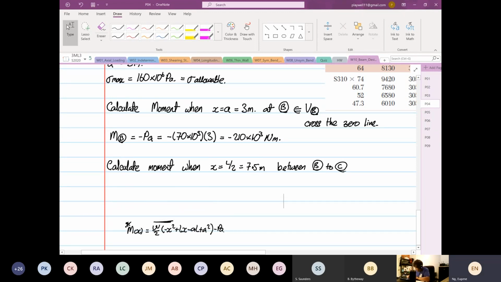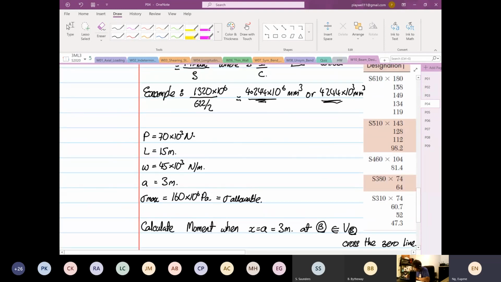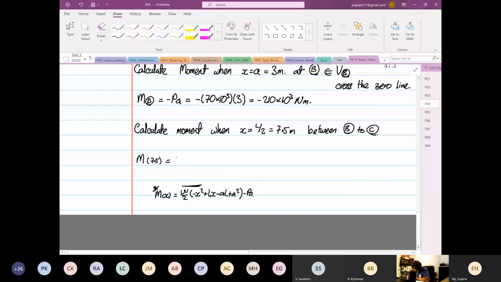So moment, so Mx, moment at x is equal to 7.5, right? So omega, so we are given omega is equal to what? Omega is equal to 45 times 10 to the power 3 divided by 2. So minus 7.5 squared, right?